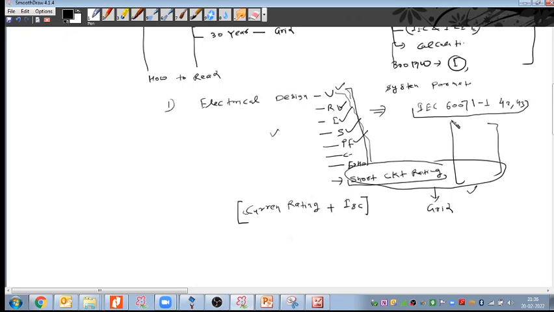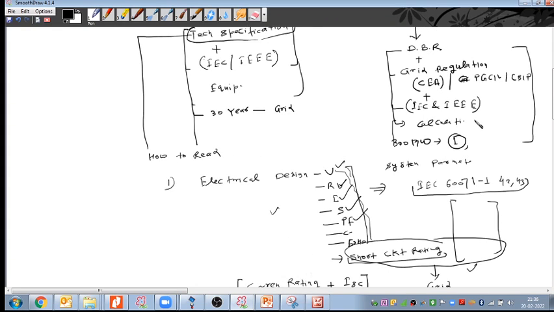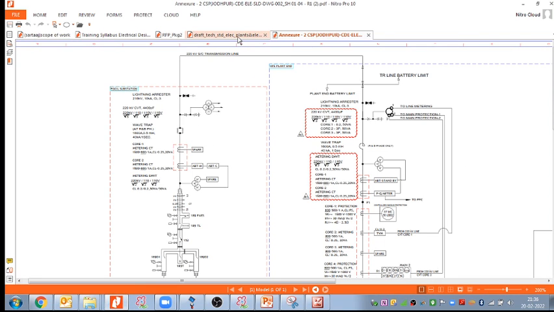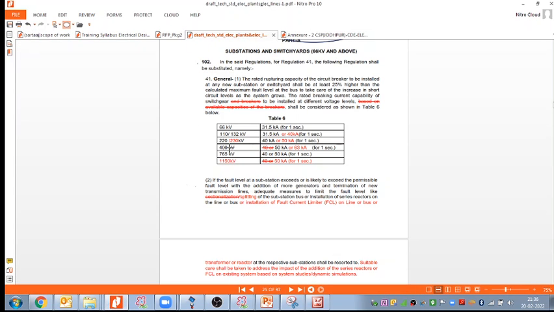In that case, we will follow the CEA electricity regulations. This is the copy of the CEA, so based on that, I will select the equipment fault rating, considering the grid regulations fault current level value.